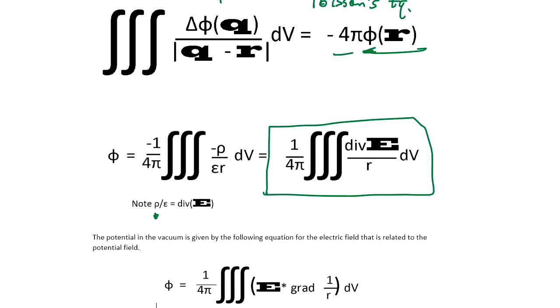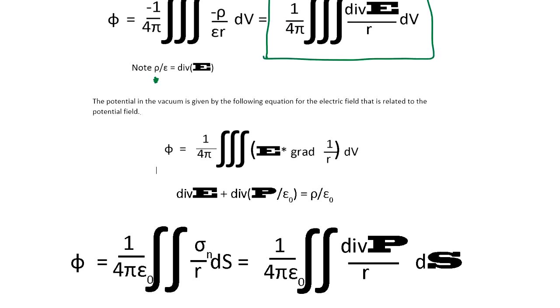In vacuum, this dielectric constant is epsilon 0, but in dielectric material, as you know, epsilon equals epsilon 0 times epsilon s. This is the relative permittivity, this is the vacuum permittivity, and this is the dielectric permittivity. Okay, that's the official name.